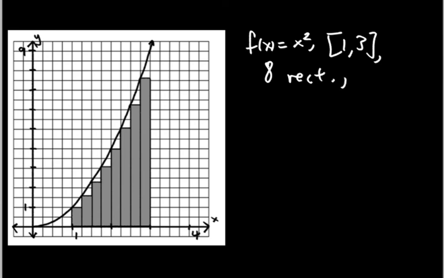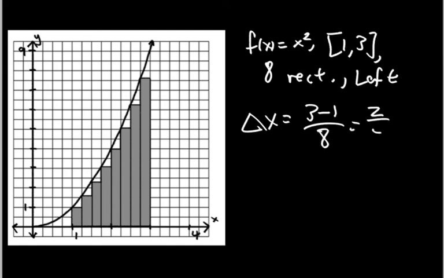And this is going to be a left-hand sum. So L sub 8. Alright, so actually, let's figure out delta x first. 3 minus 1 divided by how many rectangles? 8. So we got 2 over, not 4, 2 over 8. So 1/4.